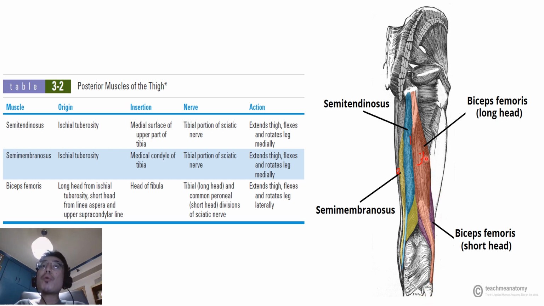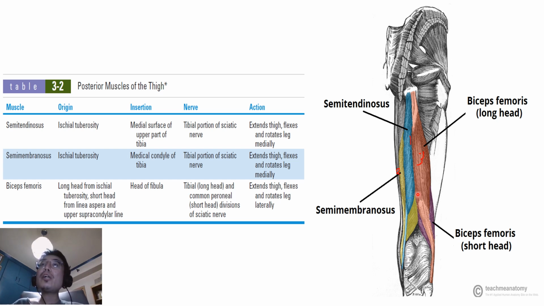The biceps femoris is innervated by the tibial division of the sciatic nerve for the long head, and for the short head of the biceps femoris, it is innervated by the common peroneal nerve. The function, it also extends the thigh, it flexes the leg, but this time it rotates the leg laterally.